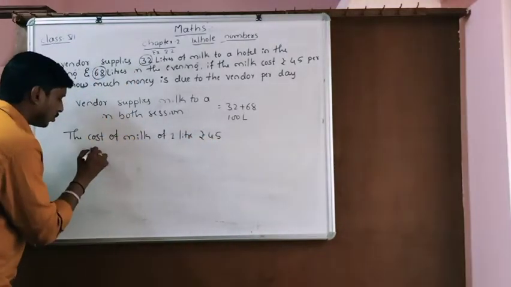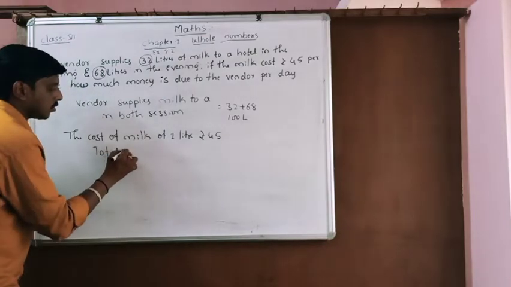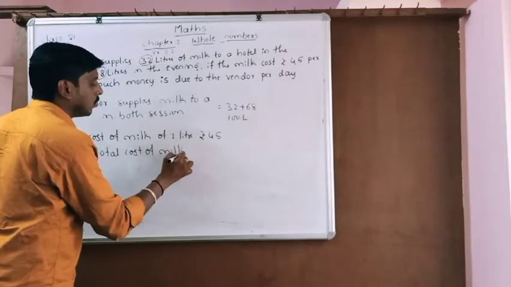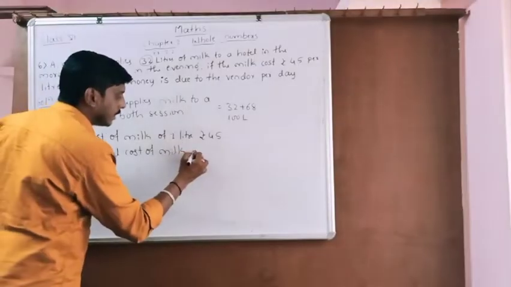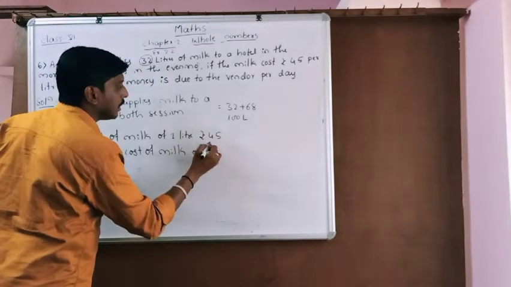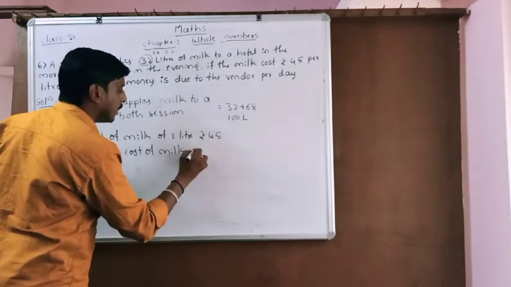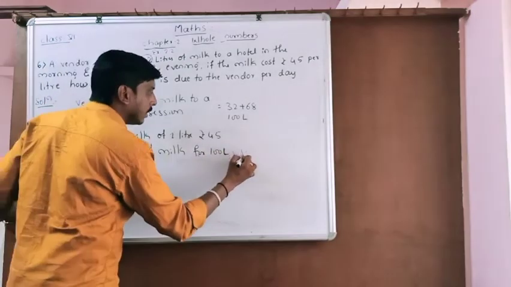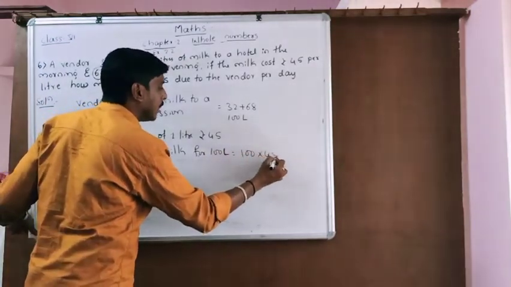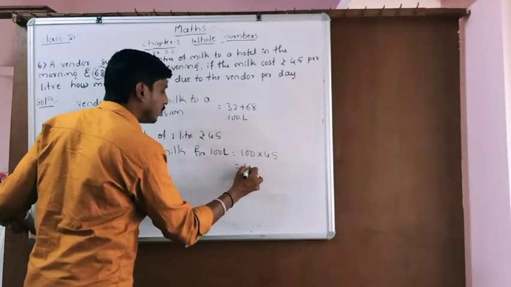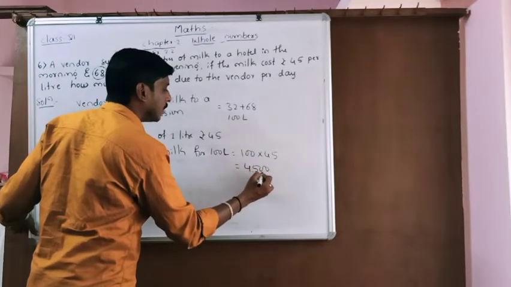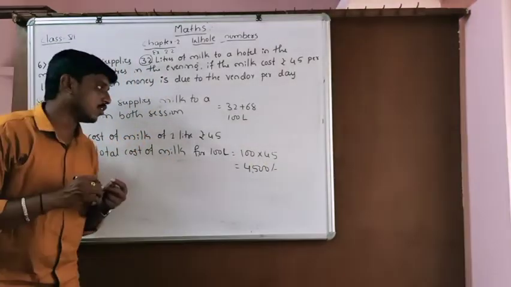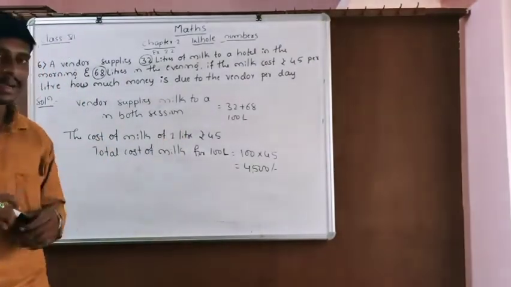Therefore the total cost of milk for 100 liters. So finally how to write? 100 into 45. 100 into 45, how much? 4500 is the answer itself. Finally he earned per day how much? 4500.